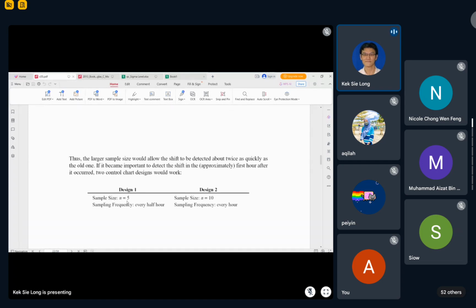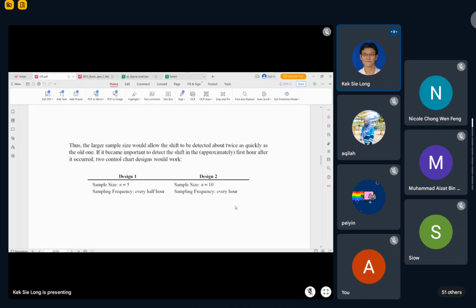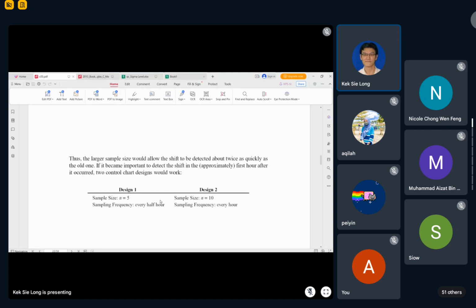For sample size n equal to 5, sampling frequency is every half an hour. And then for the second design, sample size n equal to 10, sampling frequency every hour. So any difference? Please have a read, understand, and if you are able to write down the summary, you can refer to design 1, design 2 to make a conclusion.